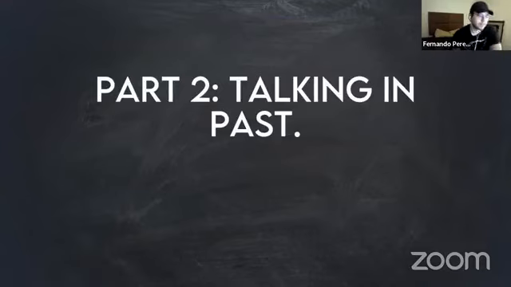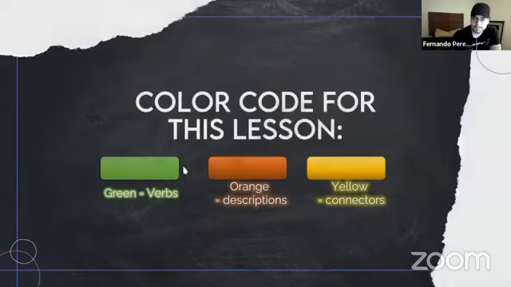Okay, we need to remember that we are talking about the existence, but now we are going to implement actions, verbs and actions that happened in the past. This is going to be a new formula and a new structure. So let's talk about it.